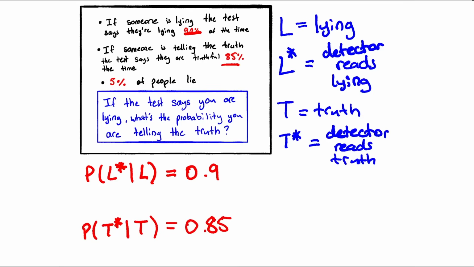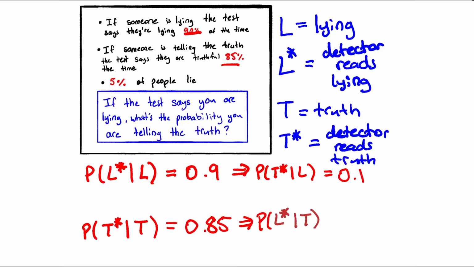And since the lie detector can only read truth or lie, the complement of this, the probability that the lie detector reads truth given that they're lying, should be 0.1, which is 1 minus 0.9. And the complement of this, the probability that the lie detector reads lying even though they're telling the truth, is 1 minus 0.85 equals 0.15.